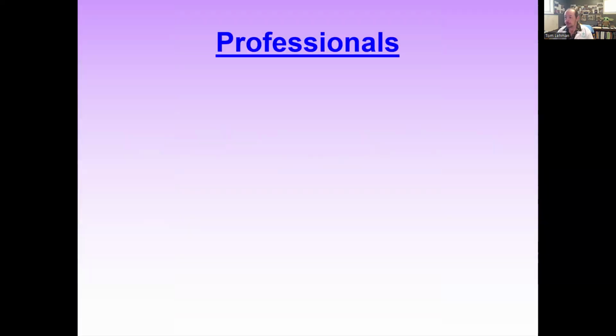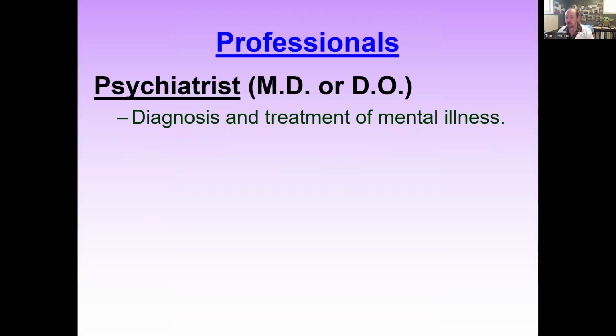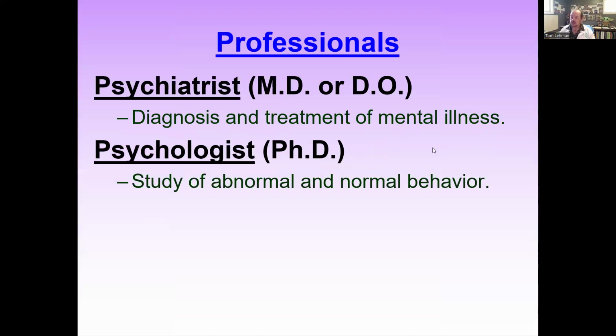All right. The people that can diagnose this are psychiatrists and psychologists. A psychiatrist is a medical doctor. This is the person that's going to diagnose the mental illness or the cognitive disorder. They're going to prescribe medical treatments, such as medications or surgery. A psychologist is a PhD.